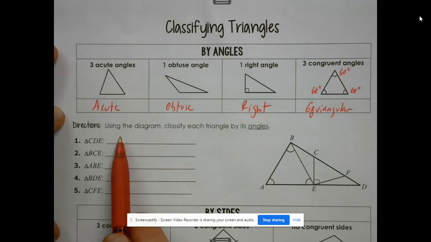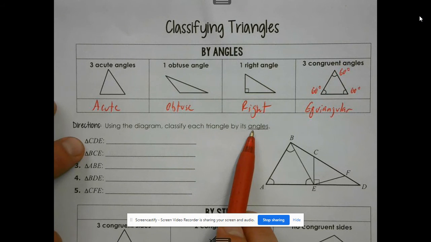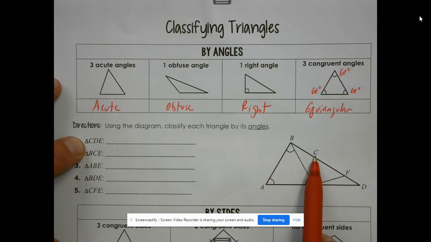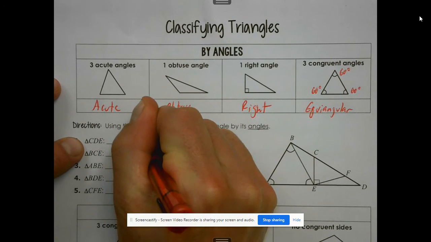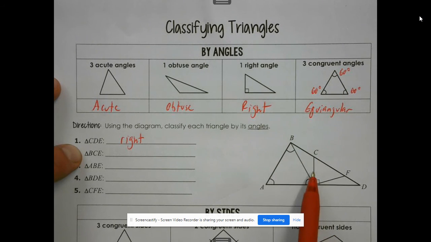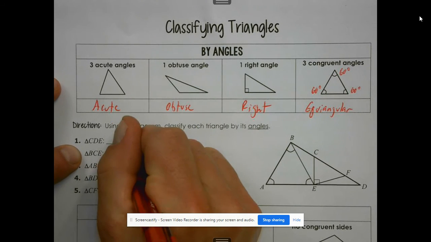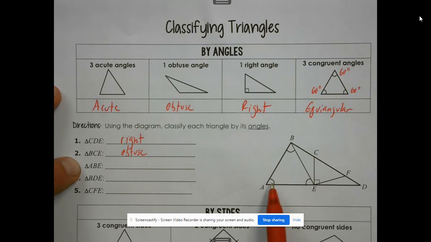It says use a diagram to classify each triangle by its angles. All right, so triangle CDE. Well, it has a 90 right here, so that makes it a right. BCE, I see this guy has an angle bigger than 90, so that makes it obtuse. Triangle ABE, all three angles are the same, that makes it equiangular.